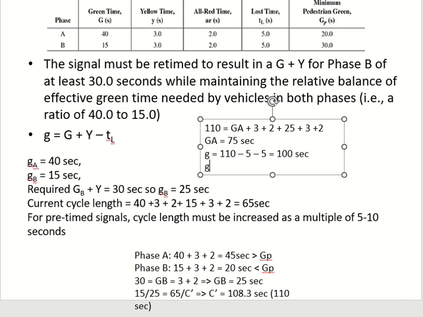I want the new time for A. So I will take the total effective green time, multiply by the old time of A, which is 40, and divide by what is 60? 65, yes. Why 65?